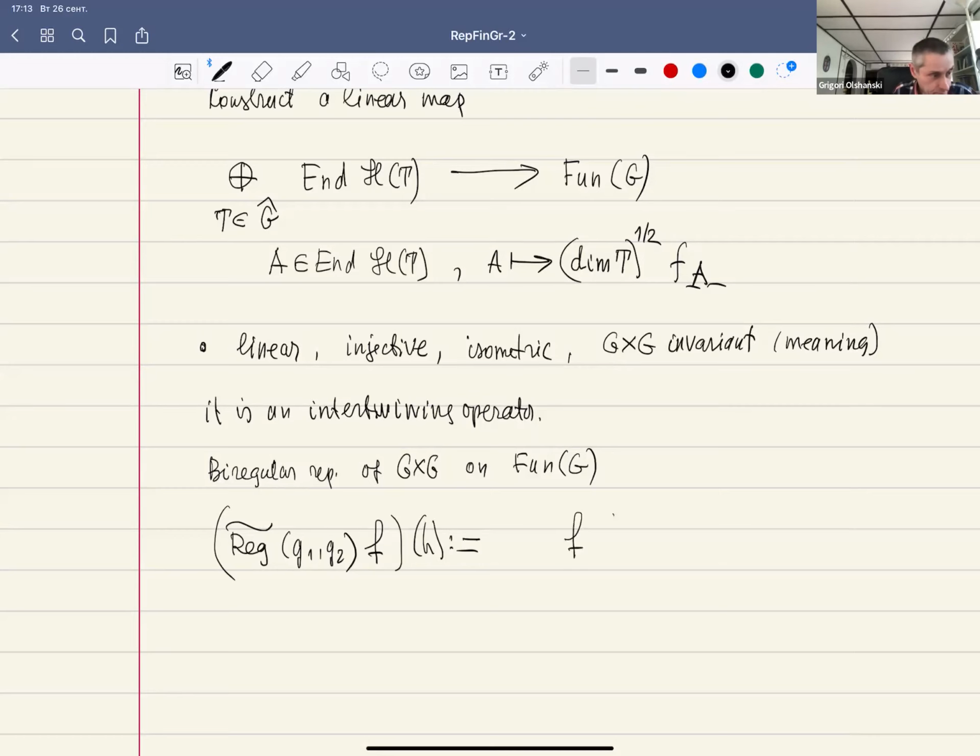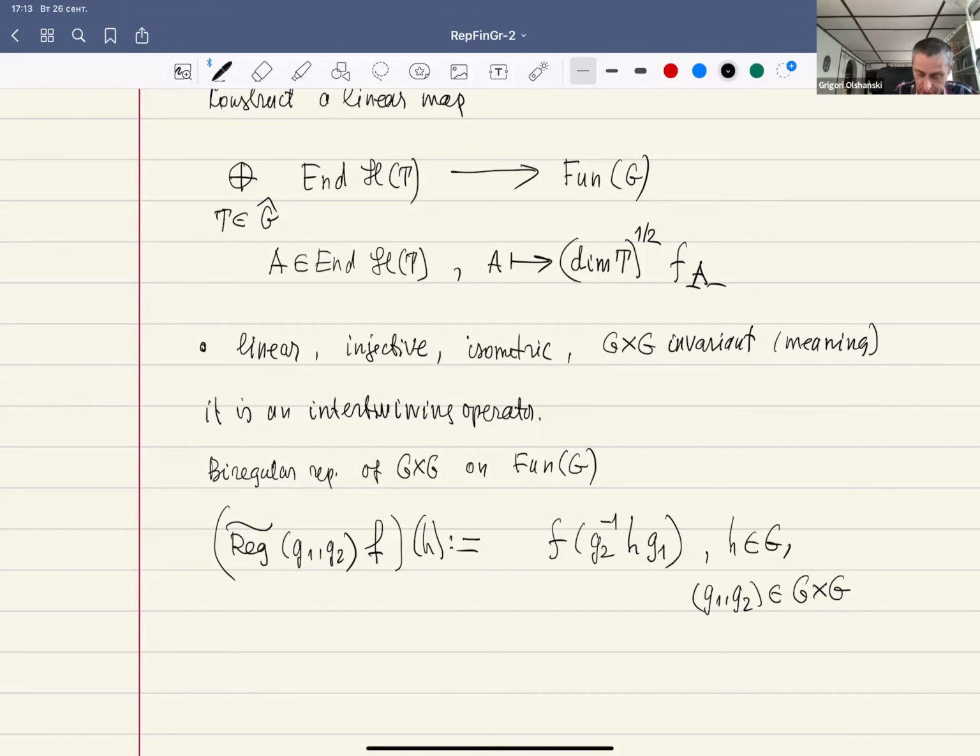We take f of g1 inverse h g2, sorry. Here h, g, g1, g2 are in G cross G. A little ambiguity is that I could switch g1 and g2.